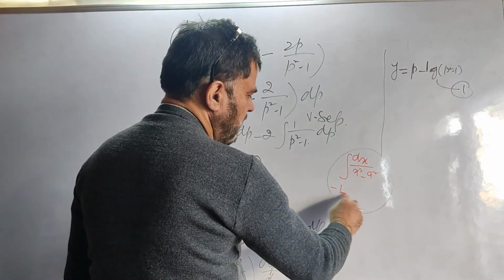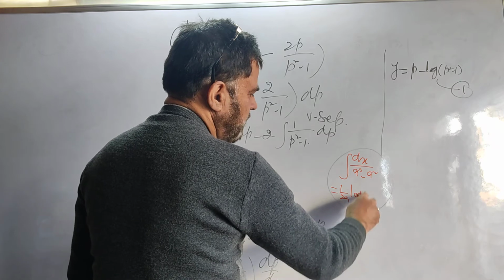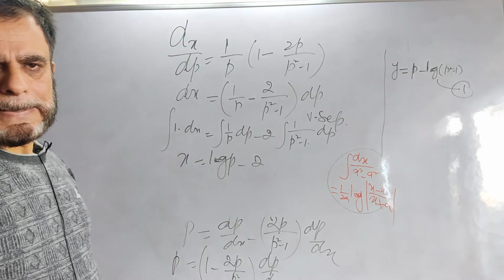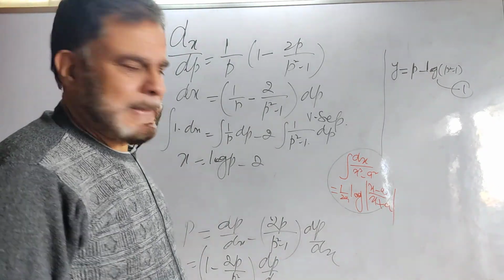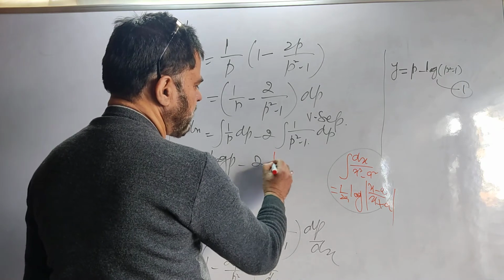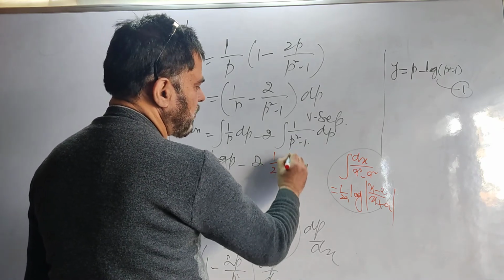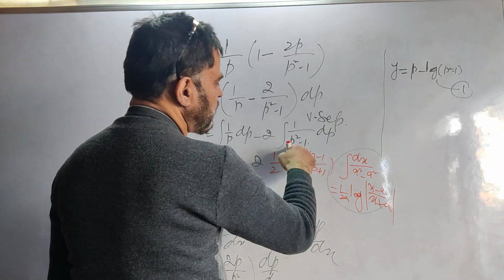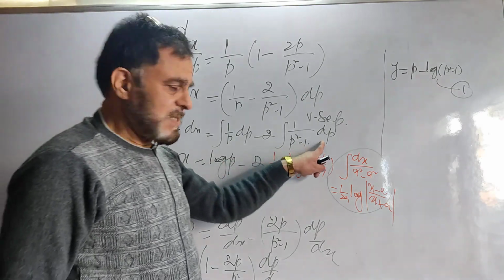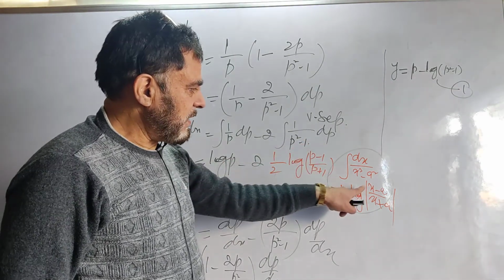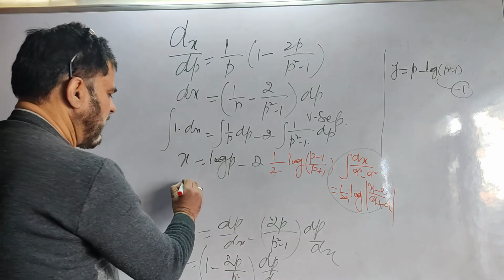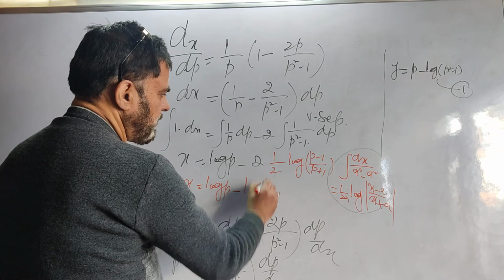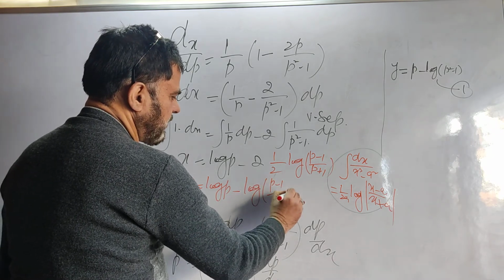It is 1 by 2a log of x minus a by x plus a. Use this fundamental formula here. 1 by 2a is your 1, into log of p minus 1 by p plus 1. p is your variable here because we are integrating with respect to p. So you have x is equal to log p minus log of p minus 1 by p plus 1.